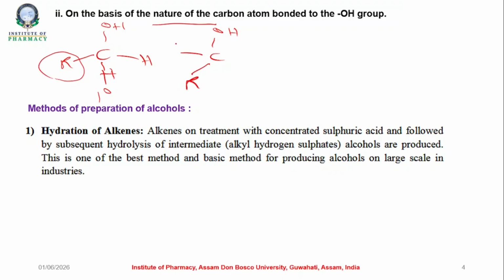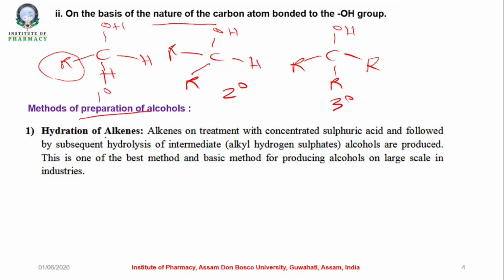If it has two alkyl groups, then this will become the secondary alcohol. And if we have three alkyl groups, then we will get a tertiary alcohol. So this is another method on which the classification of alcohols can be done, that is primary, secondary and tertiary.